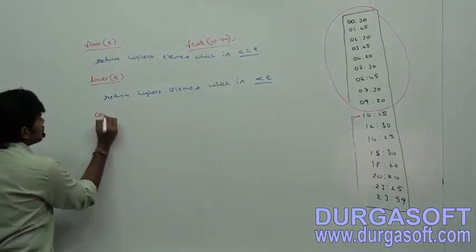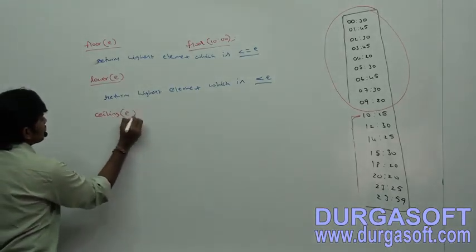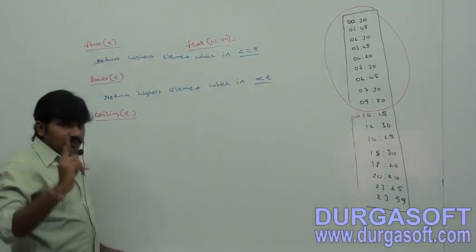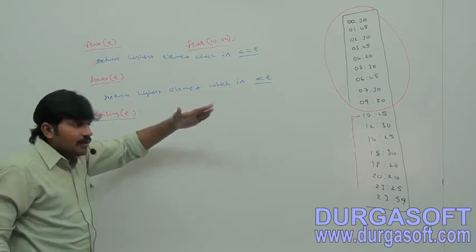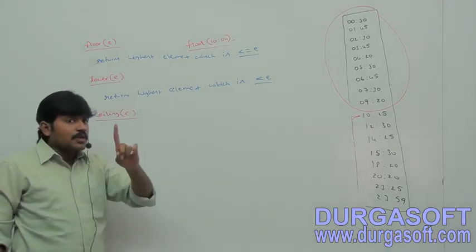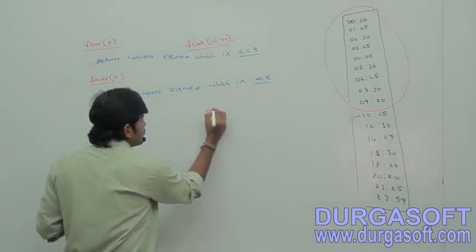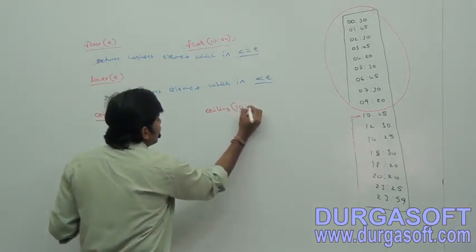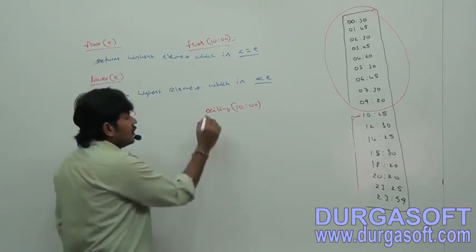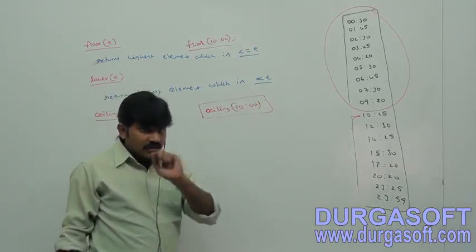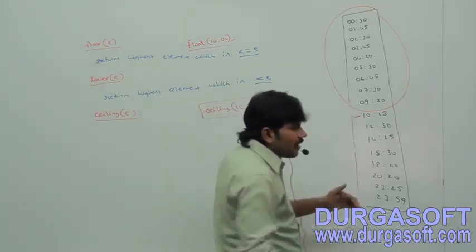Similarly, ceiling of E. Take care. What is the ceiling of E? Either 10 or after 10. What is the first flight? Ceiling of 10, either 10 or after 10.